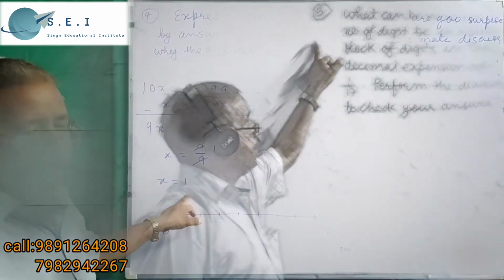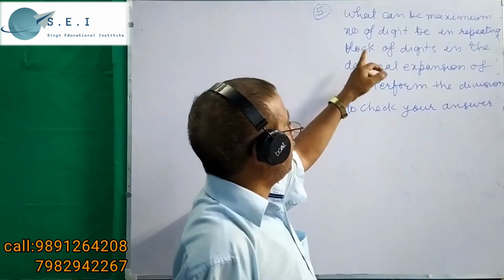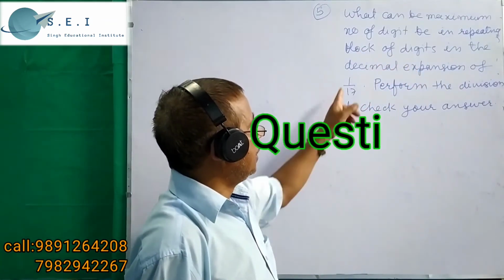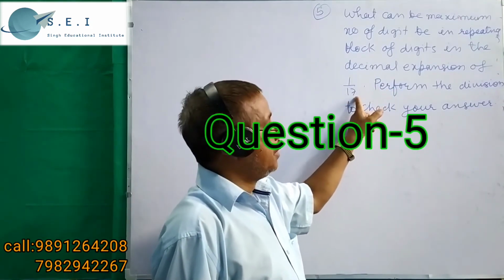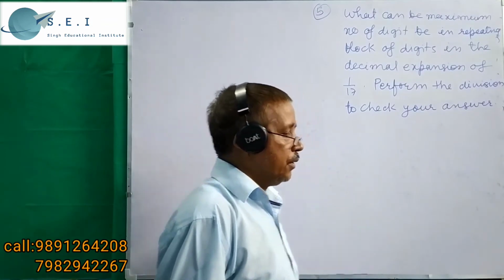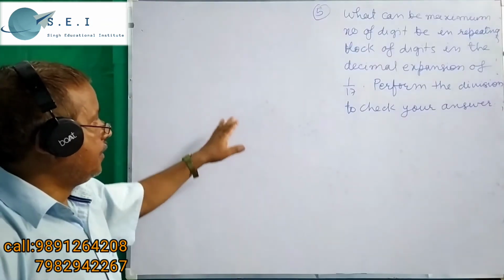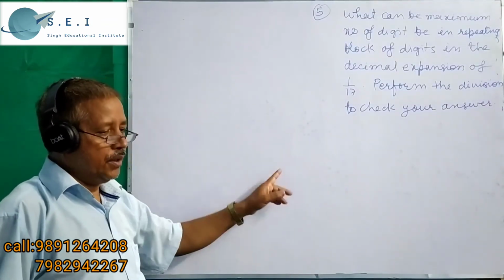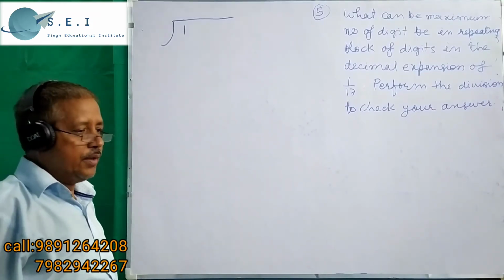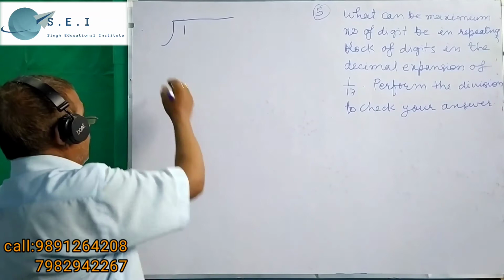Now, question number 5. What can be the maximum number of digits in the repeating block of digits in the decimal expansion of 1 by 17? Perform the division to check your answer. So, we can find the number of repeating digits by actually dividing 1 by 17.